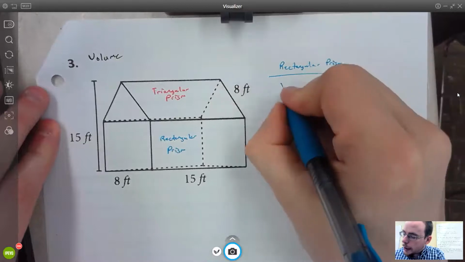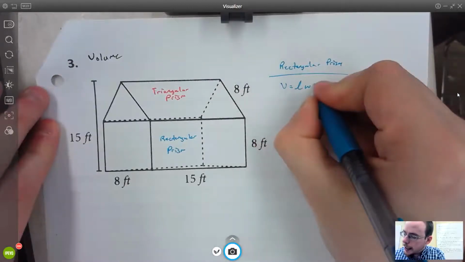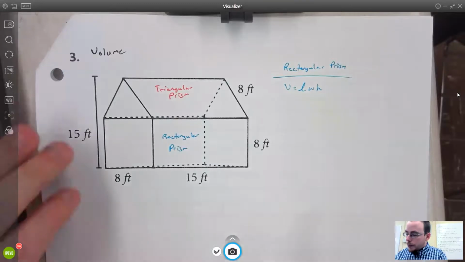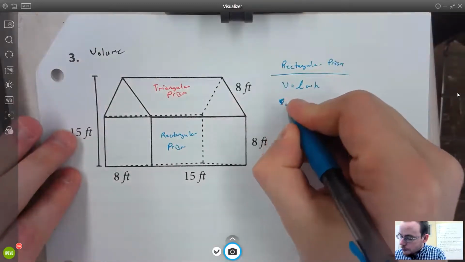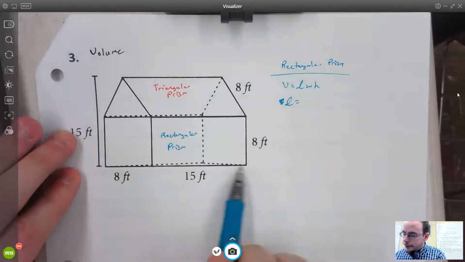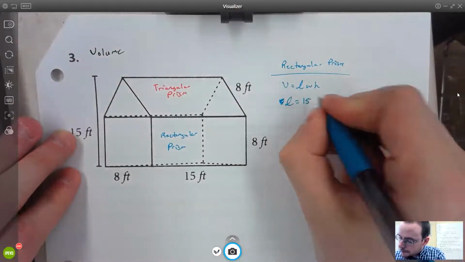So the volume of a rectangular prism is given to you by the length times the width times the height. So in this case, what is your length, width, and height? Well, if we look here, we see that the length of the rectangular prism is 15 feet.